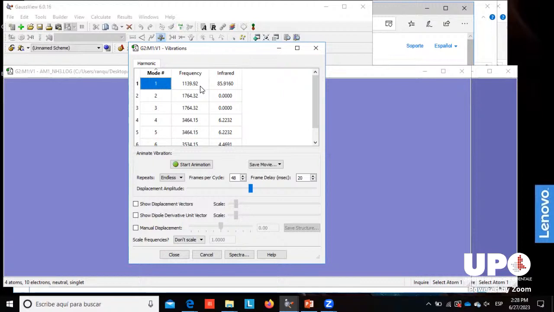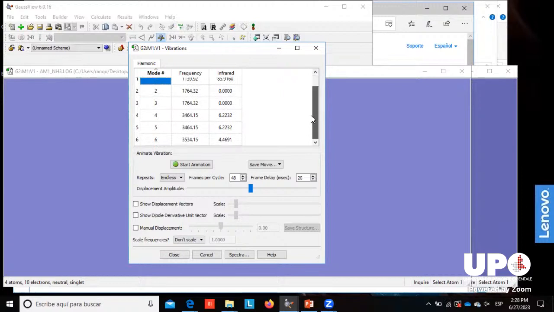Good. We can also analyze a little bit the frequency data. You see here? For instance, let's select this one here. So the one with the highest frequency, or actually wave number. That's the wave number, right? In reciprocal centimeters. And we can play an animation so that we can see the nuclear movements that correspond to this vibrational frequency.